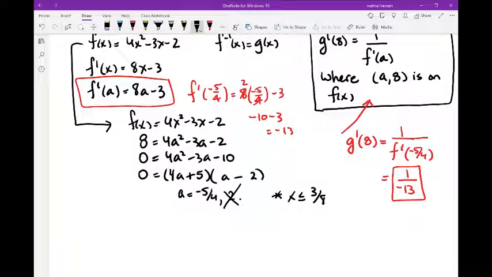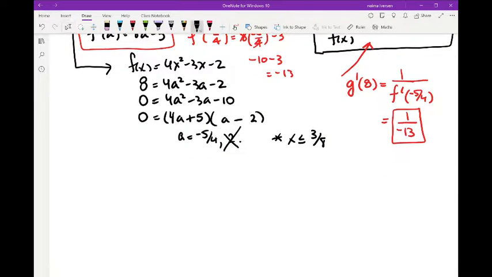Okay, the next question that I'm taking a look at, I think this is another inverse question. This is question number 4. It's giving that f of 2 is equal to 6. G of 2 is equal to 7. F of 6 is equal to 3. G of 6 is equal to 2.